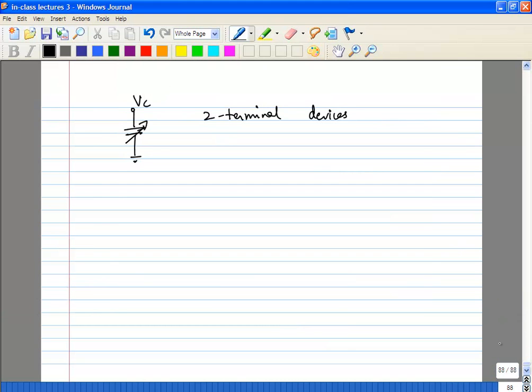It's going to look something like this. Is that clear to everyone? So the control voltage goes to the central point.